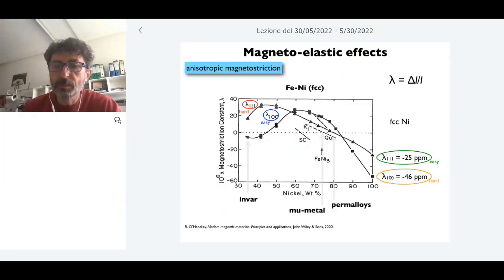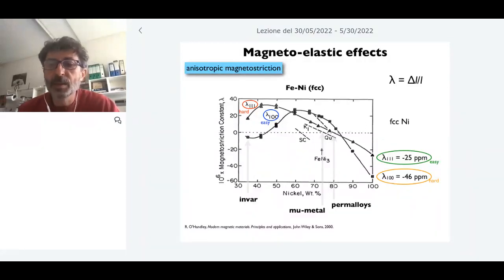So what else? Again, let's study the possible alloys of different materials. Let's take the system iron and nickel. This system is extremely interesting. There are a lot of materials used in application that are iron-nickel alloys. We already saw the Invar, which is nickel 35, that is not very interesting in terms of anisotropic magnetostriction, but it has the volume magnetostriction, really interesting, because we have this compensation of the thermal expansion.